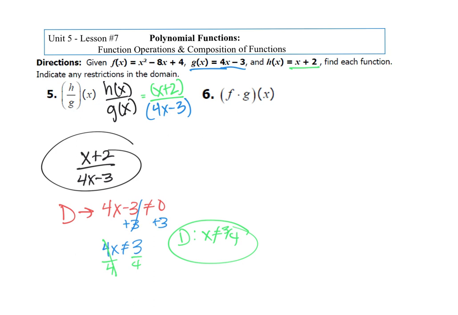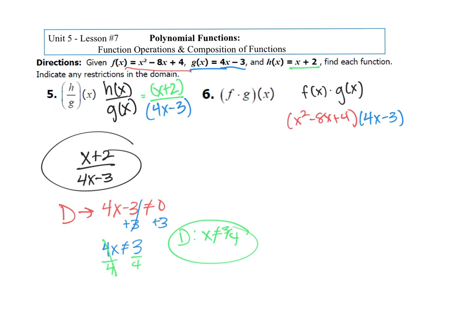Number 6, we're doing f times g of x. So we have f of x, we're multiplying it to g of x. So our f of x equation was x squared minus 8x plus 4. We are multiplying that to g of x, which is 4x minus 3. Okay, again, multiplying means wrap them both up in parentheses and then distribute.